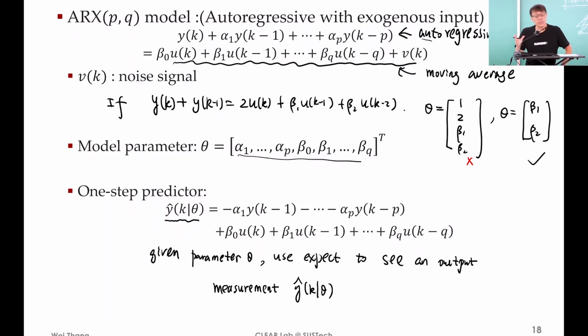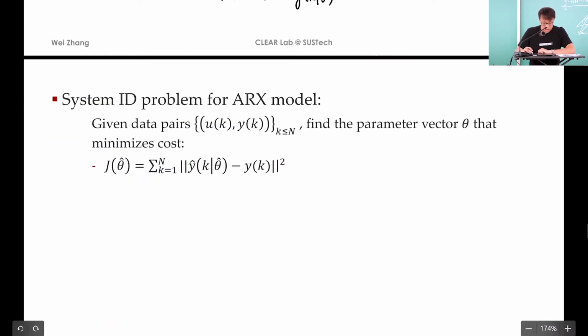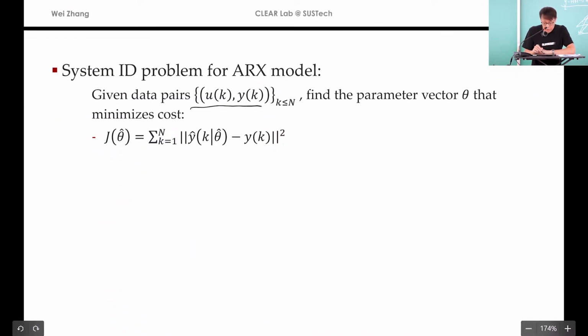So what your prediction is depends on what theta you pick. Different theta gives you different predictions, and you want to find theta that minimizes the discrepancy between your data and your model prediction. Given these data pairs, I want to find the parameter to minimize this cost.